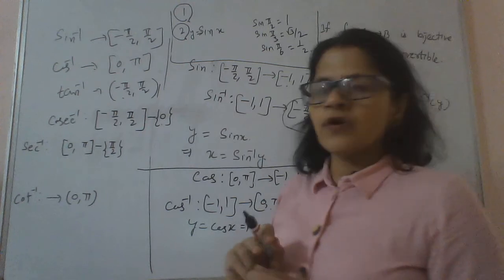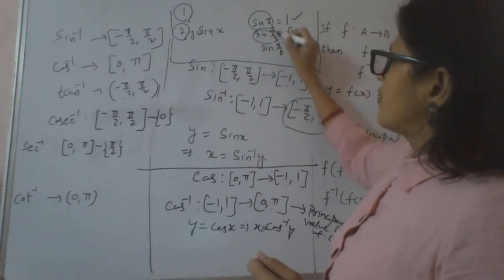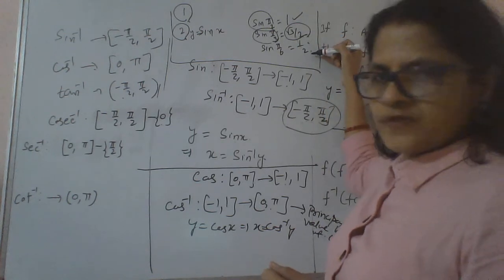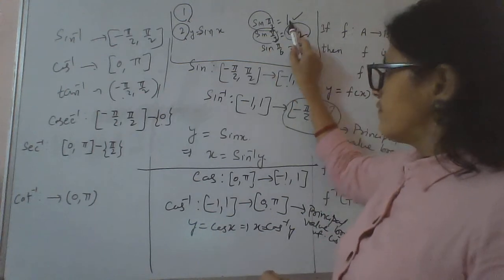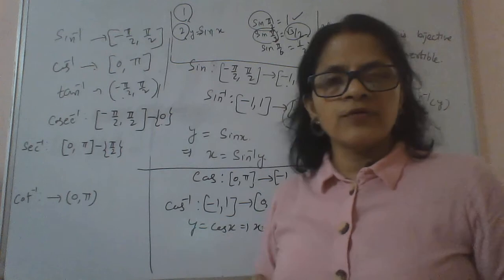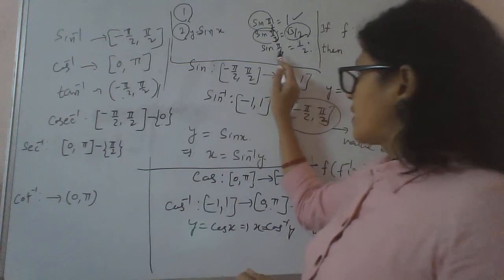So what is your observation? The sine of these angles gives 1, root 3 by 2, 1 by 2. These are the numbers and these are the angles. It means sine inverse 1 will be pi by 2, sine inverse root 3 by 2 will be pi by 3, sine inverse 1 by 2 will be pi by 6.